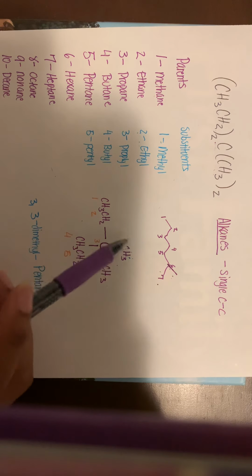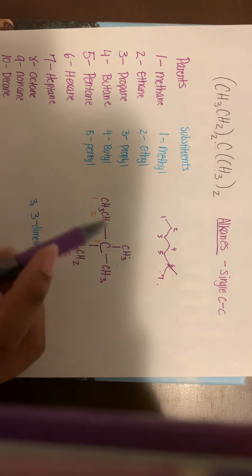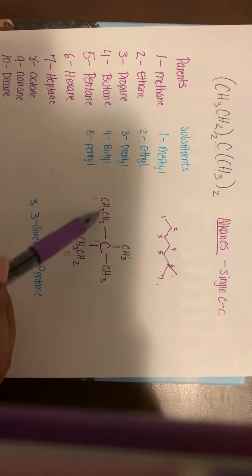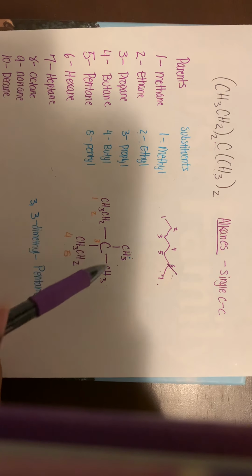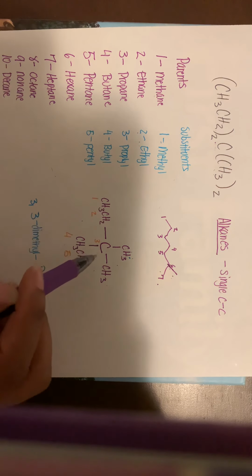Usually you would draw in the line form, but for this example, I felt it was easier to show the actual carbons so you can count and follow. So you draw your carbon out.